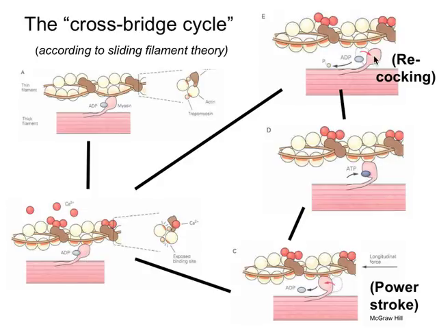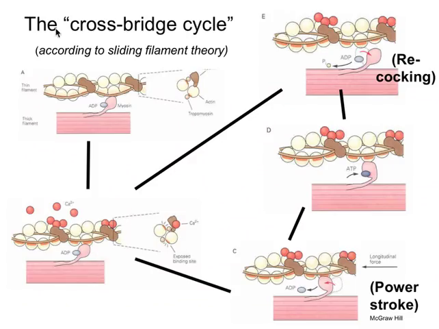Okay? And once that happens, this cycle can start over again, because if there's still calcium present, once it's detached but recocked, it can now reattach to another actin molecule, and this cycle will keep repeating. So basically: attaching, rotating, dragging the thin filament relative to the thick filament, detaching with the presence of ATP, hydrolysis of ATP allowing it to recock, and then repeating.